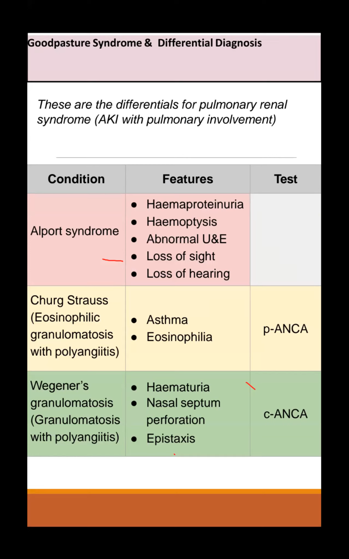Alport syndrome: hematuria, loss of sight, loss of hearing, proteinuria. But Churg-Strauss, I have to remember asthma and eosinophilia, and p-ANCA positive. Wegener's: hematuria and upper respiratory involvement like epistaxis and nasal septum perforation, c-ANCA. Very carefully, after my session I'll post this PDF, extremely important. This PDF covers everything they ask in the exam. So Wegener granulomatosis: hematuria, epistaxis and c-ANCA positive.